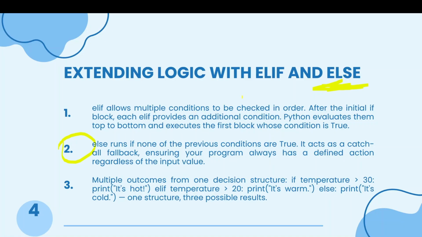As you can see very well, it is written that if none of the previous conditions are true, it acts as a catch-all fallback. Whatever the fallback is, that comes under the else statement.